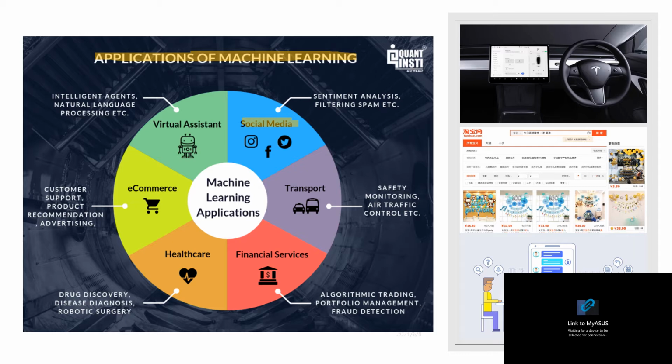It is also used in transport. Here is Tesla, which I would say is one of the most trendy things. At the very beginning, we thought that Tesla was not perfect.